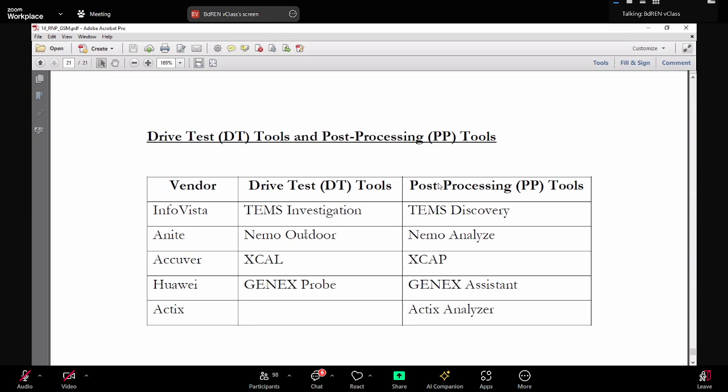Then you keep driving within the cell area and checking power level, the interference, and many other cell attributes.